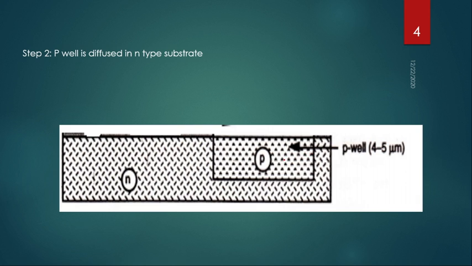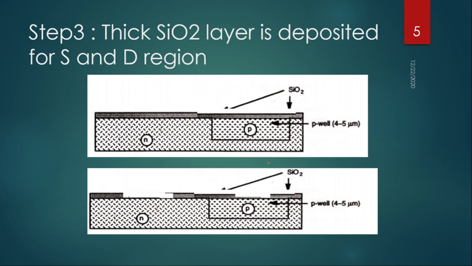A well is again an externally diffused area, or material, in the base substrate. Later on, the other steps will remain the same as in the earlier video you have seen.